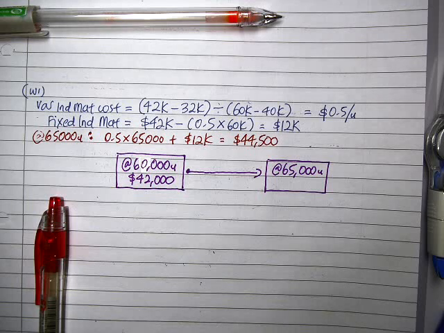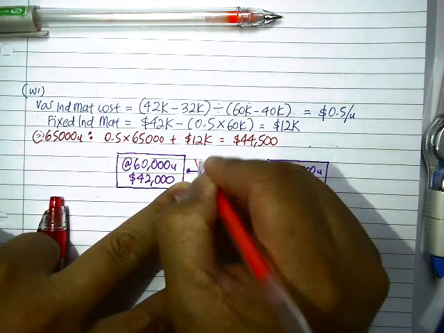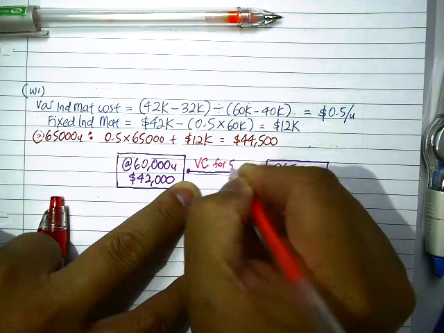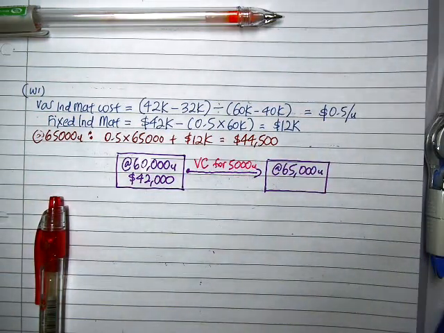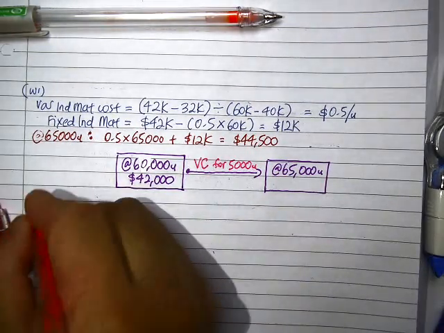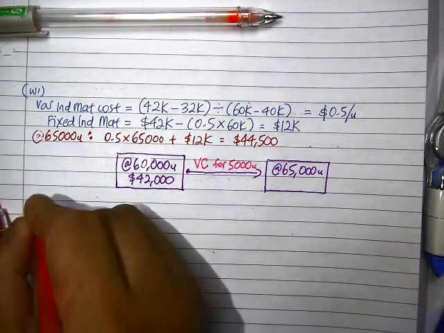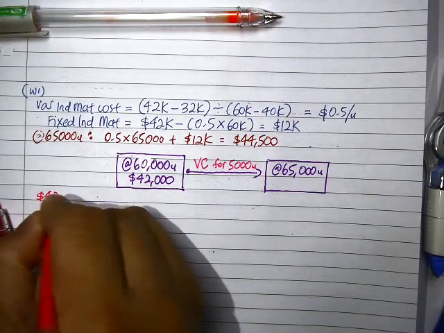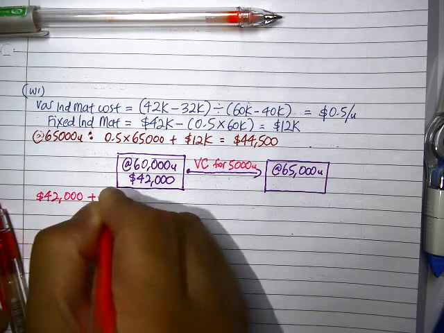So that's why from 60 to 65,000, logically you will have variable cost for 5,000 units going up. But if you got other adjustment, then you must add in. But of course, if there's no other adjustment, then that should be the logic, that 5,000 units will be increased in the variable cost. So this 5,000 unit increase in variable cost, how do I calculate? Now, so I will do it in this manner. That's my working. So I will say that 42,000 plus.